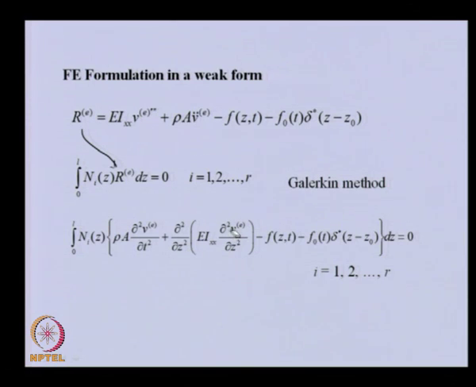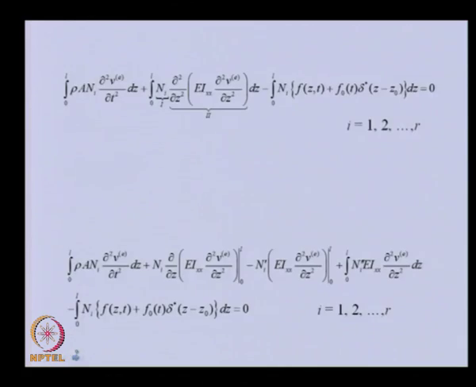So, what we will do in this case, we will weaken the requirement on the shape function degree by doing integration by parts of this particular term, in which we have z derivatives. So, let us see. Here I have expanded those terms. This is the inertia term, and this is the term on which we want to do integration by parts, and other terms will be as they are, because they do not have a higher derivative with respect to z.